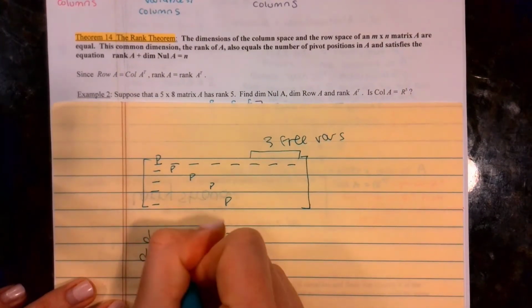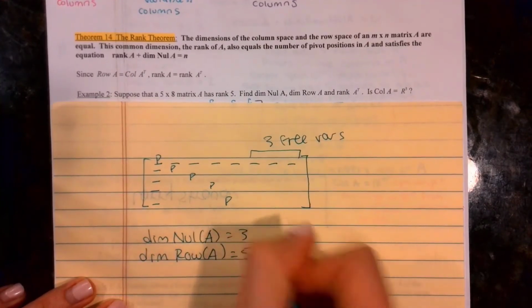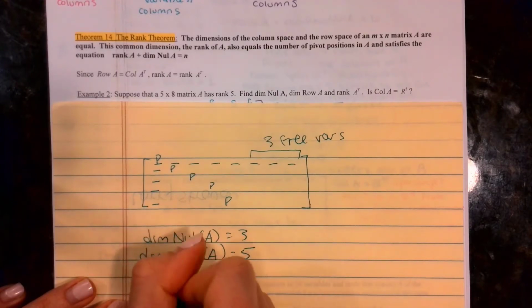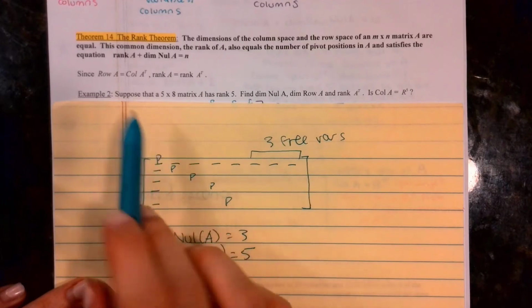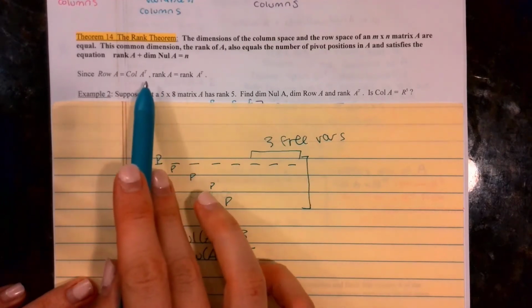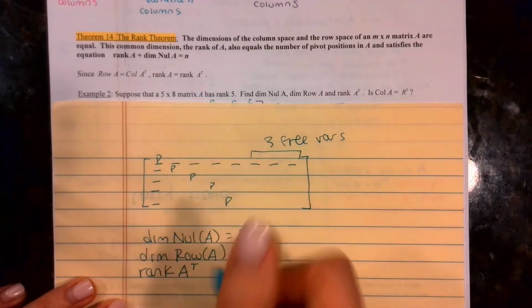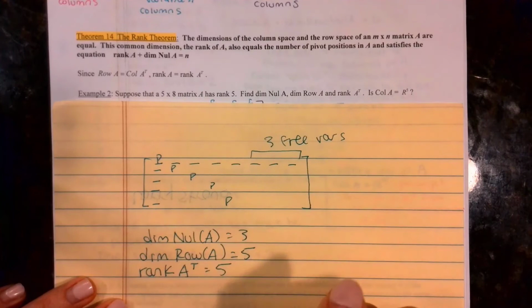And the dimension of the row space of A will be the same as the number of pivots, which is 5. The rank of A transpose: the row space of A is the column space of A transpose, and the rank of A equals the rank of A transpose, which is the same as the dimension of the row space, also 5.